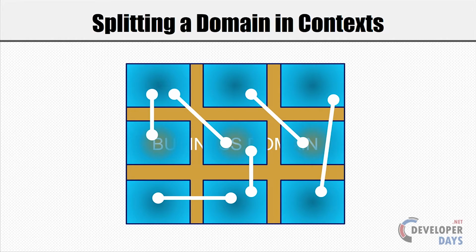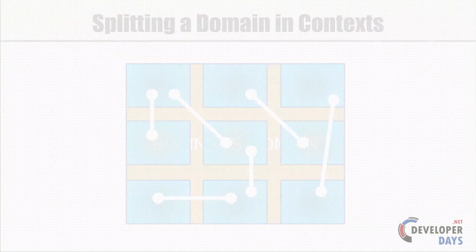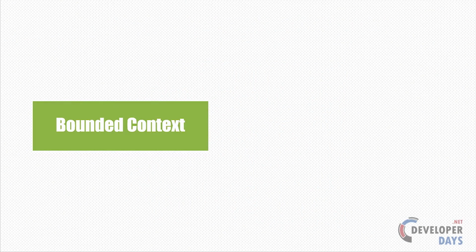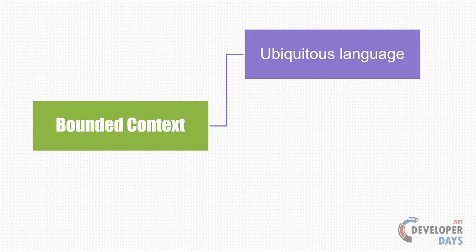So, bounded context and the context map, which says essentially how bounded contexts are related together. A bounded context has essentially three main characteristics. It has its own ubiquitous language. So two distinct bounded contexts have different ubiquitous languages. Maybe slightly different, but different.